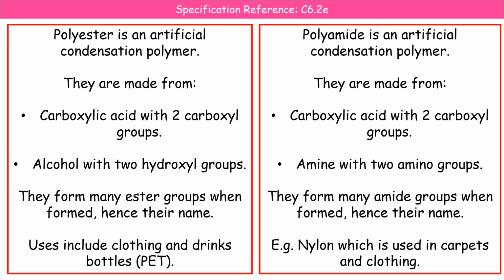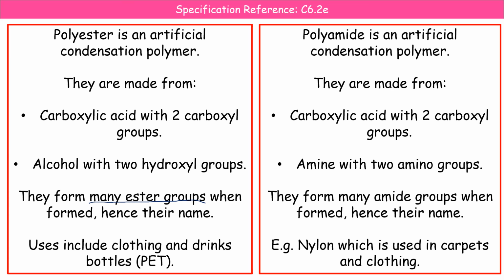Last thing we're going to consider then are just two examples of artificial condensation polymers, polyester and polyamide. If we look at polyester first of all, then this is going to be made from carboxylic acid and alcohol. When the carboxylic acid and the alcohol join together, what we're going to form are many ester groups.